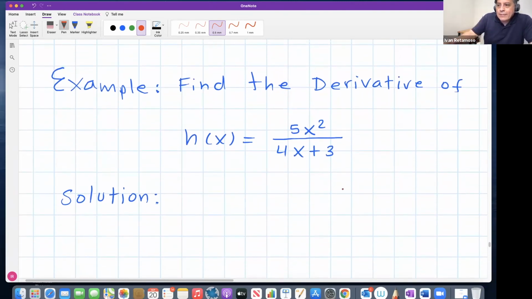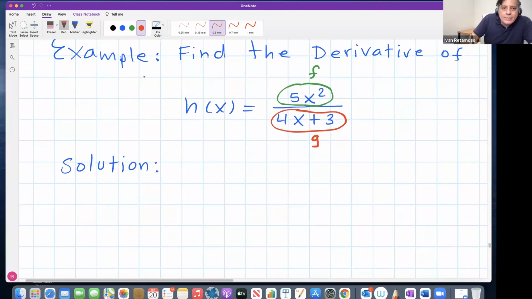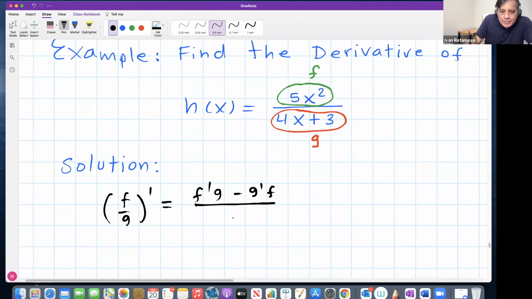I'm going to label the numerator as my function f and the denominator as my function g. Then the quotient rule says (f over g) prime equals f prime g minus g prime f over g squared.